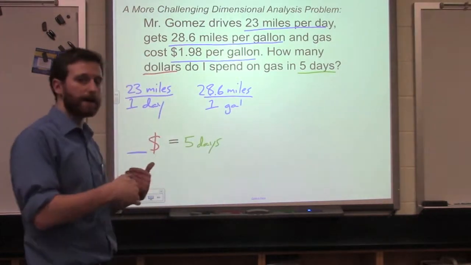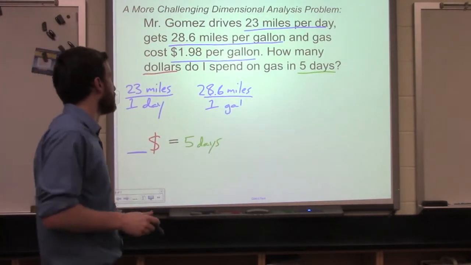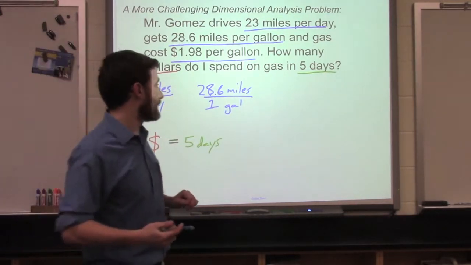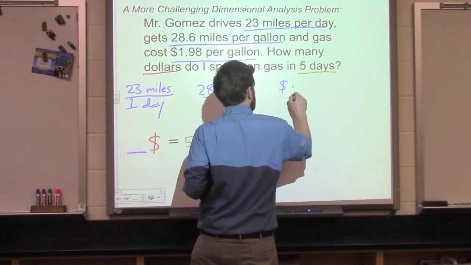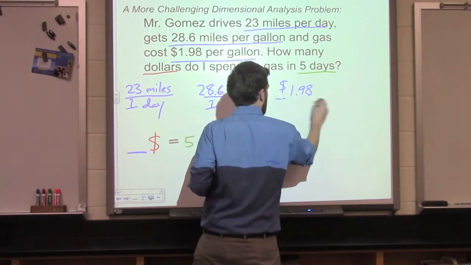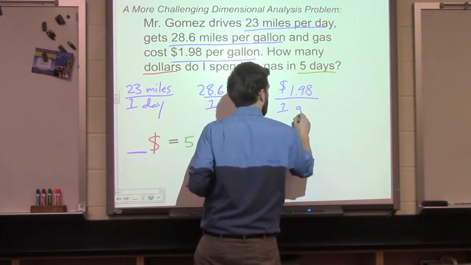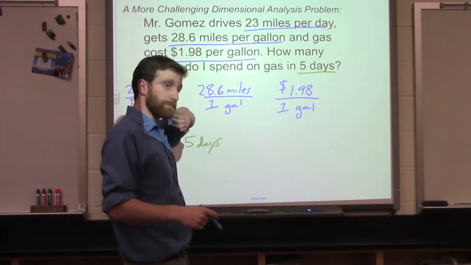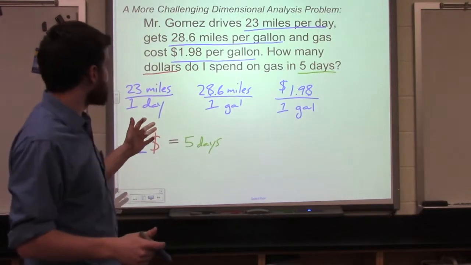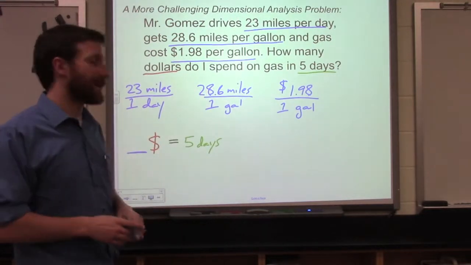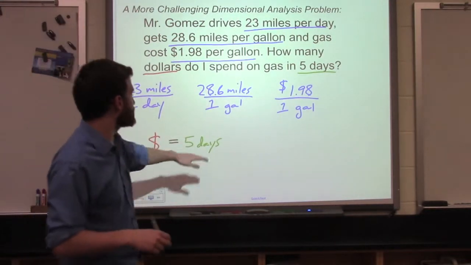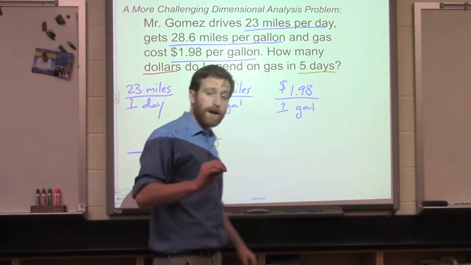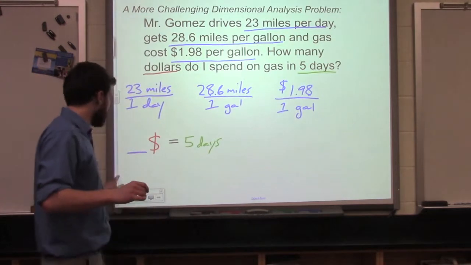Again, keeping that 1 in the denominator is very important. And then lastly, $1.98 per gallon, written as $1.98 per 1 gallon. So, I must string together these conversion factors so that I can cancel out days and get into dollars. And this one, like I said, is not going to be a one-stepper, so let's see how it goes.